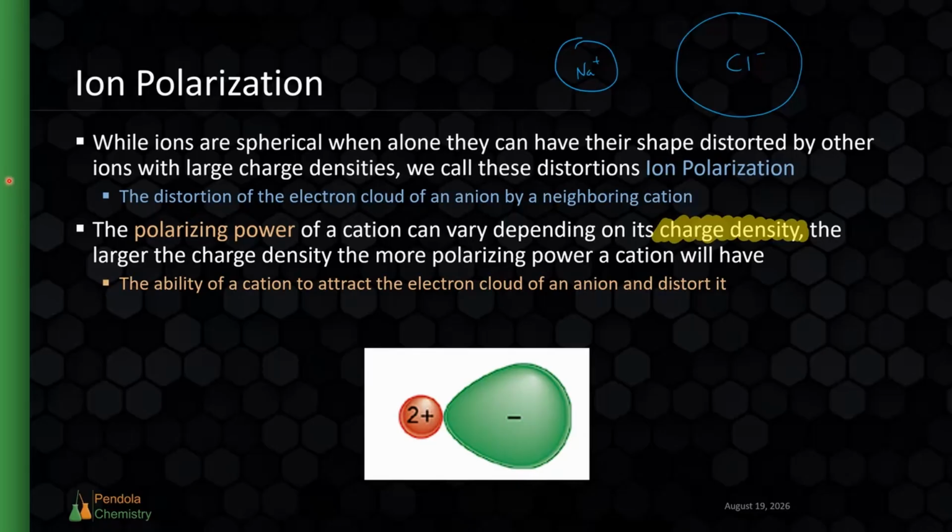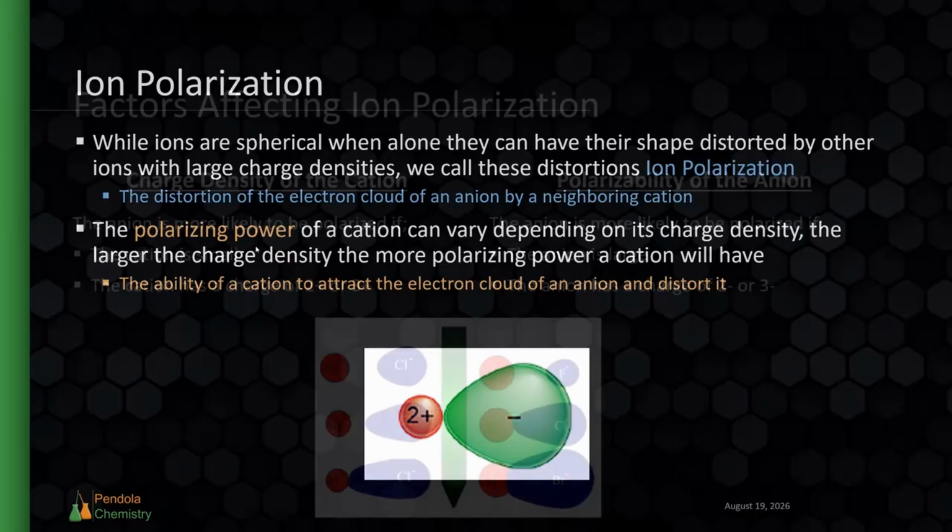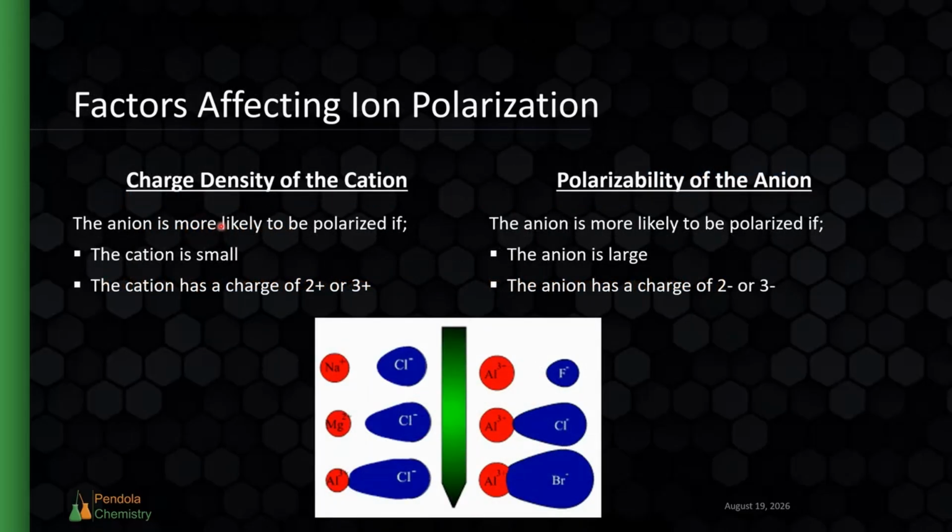All right, so let's look at some examples of this polarizing power and ion polarization, and then we'll talk about what it leads to and why that matters. So what factors affect ion polarization? Well, these are the exact same factors that affect the lattice energy when it comes to the cations.